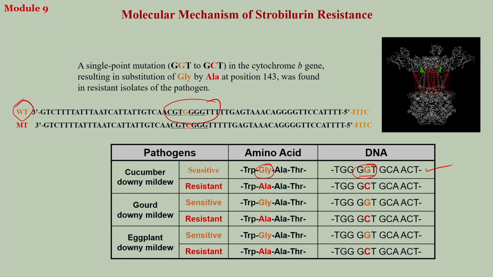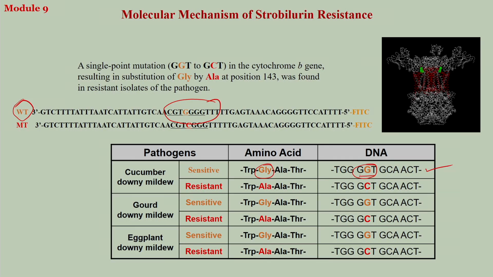Because of this, the active site is tryptophan, glycine, alanine, threonine, and that constitutes the 3-dimensional structure of the protein. It makes the cavity or the active site of the protein, where that strobilurin molecule comes and docks into it perfectly, and that is how the pathogen gets killed.